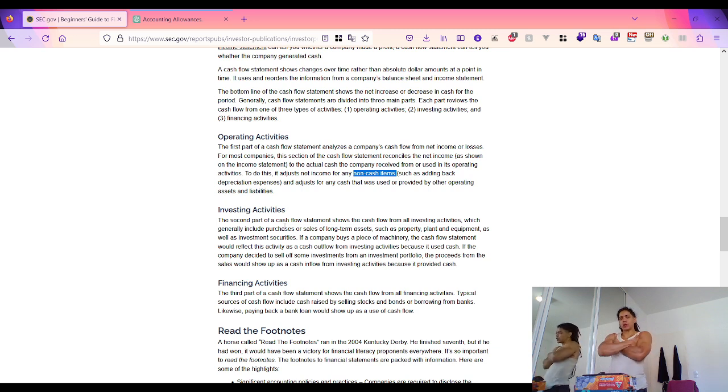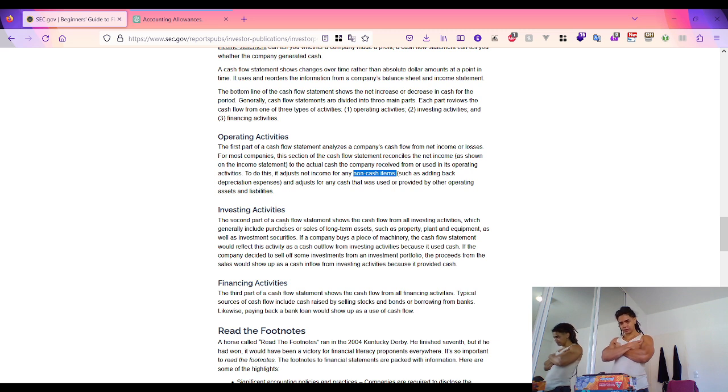Okay, so that's slowly starting to make sense. The operating activities, the first part of the cash flow statement, analyze the cash flow from net income. In most companies, this section reconciles the net income from the income statement and the actual cash the company receives from or uses in its operating activities.